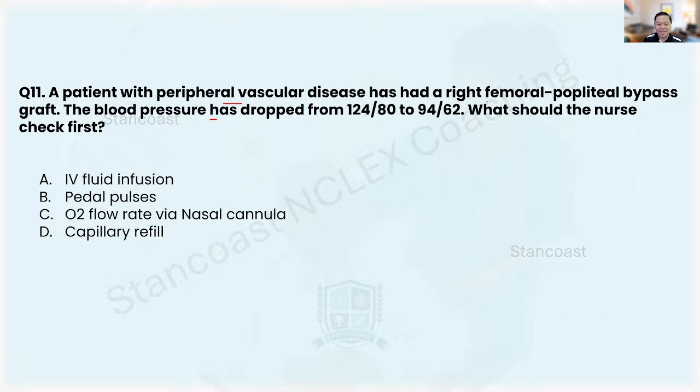Is it A, IV fluid infusion, B, pedal pulses, C, oxygen flow rate via nasal cannula, or D, capillary refill? Again, the patient has a right femoral popliteal bypass graft, and the blood pressure has dropped from 124/80 to 94/62. What should the nurse check first?